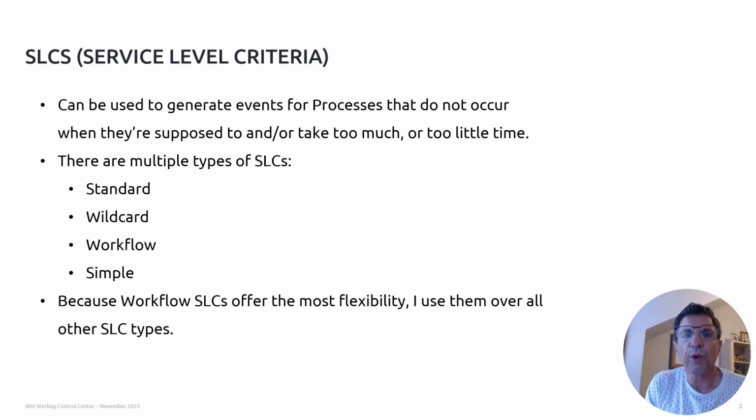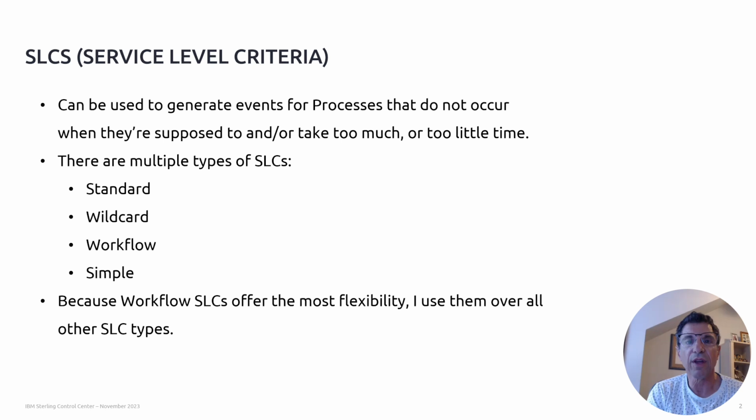The reason we're going to use an SLC, or a service level criteria, to let us know when our business process takes too long to run is because SLCs are used to generate events for processes that don't occur when they're supposed to, and/or take too much or too little time. And that's the situation here.